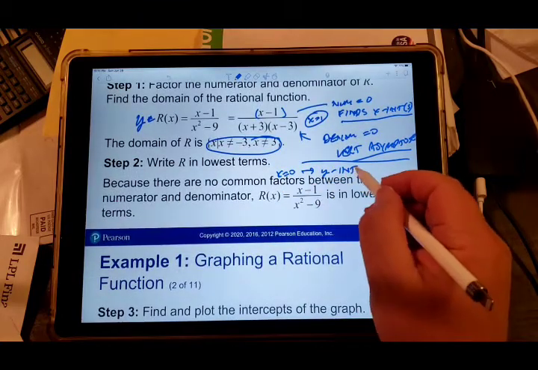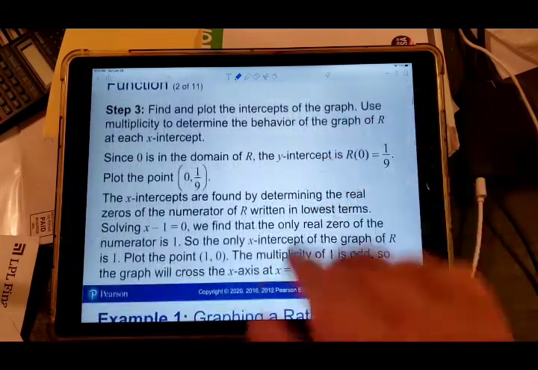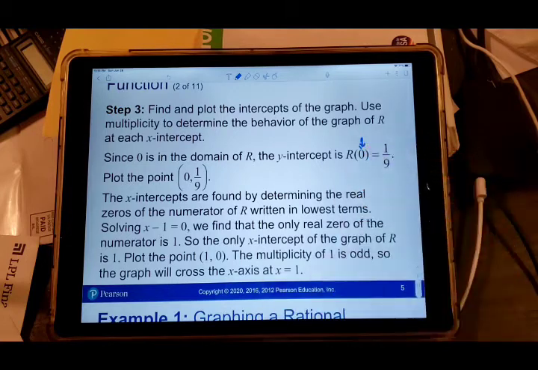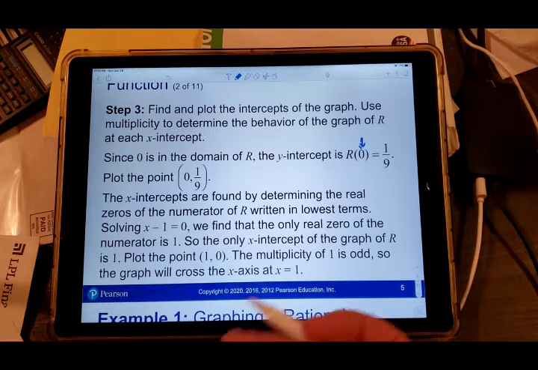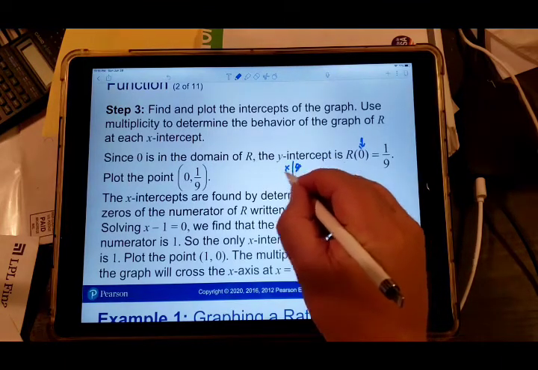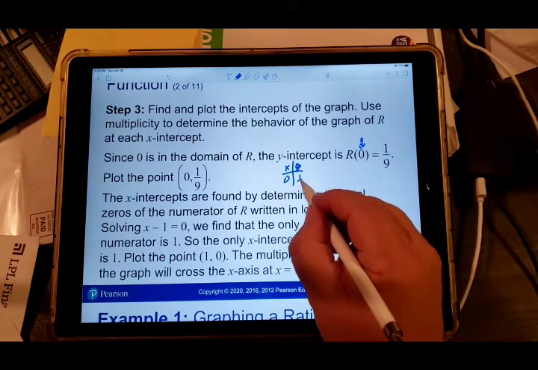Next thing we're going to do is find r of 0. I'll find that on this here. Yeah, let x equal 0. And again, this isn't unique to rational expressions. When you let x equal 0, what you're doing is you're finding the y-intercept.